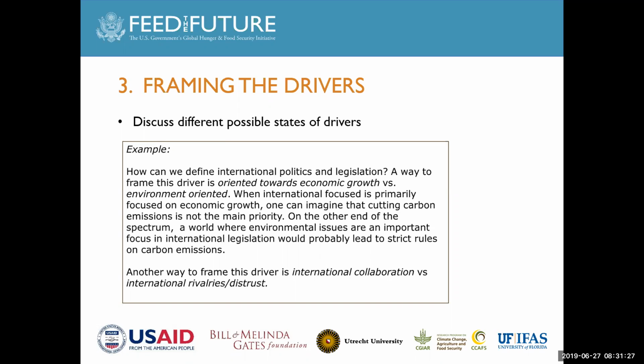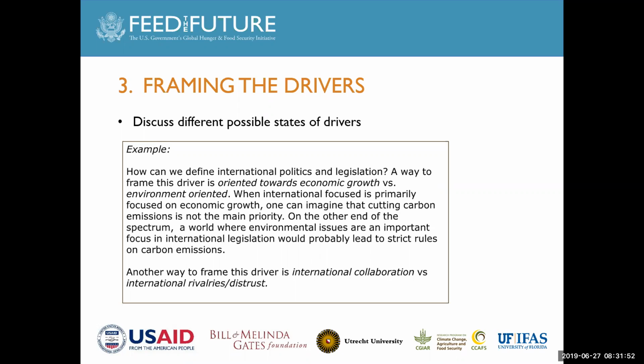When international trades focus primarily on economic growth, one can imagine that cutting carbon emissions is not the main priority, for example, and on the other hand, of the spectrum, a world where environmental issues are an important focus in international legislation would probably lead to strict rules on carbon emissions. But there are numerous other ways to frame this driver.